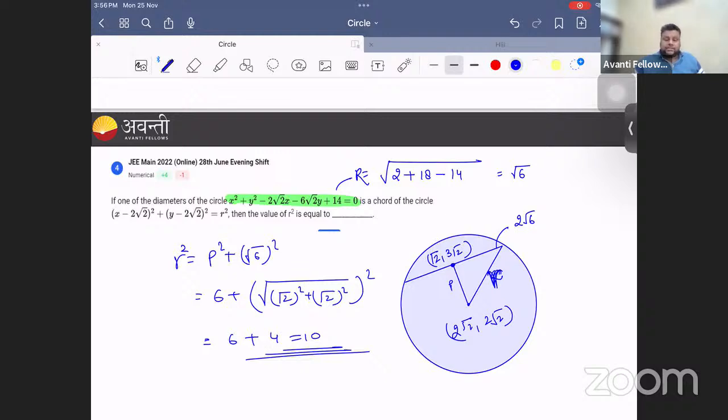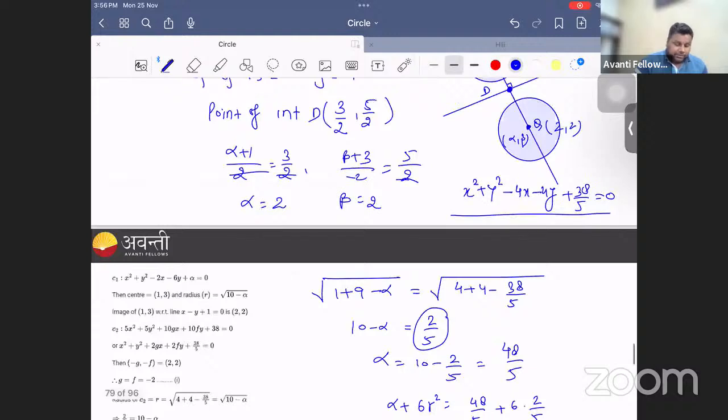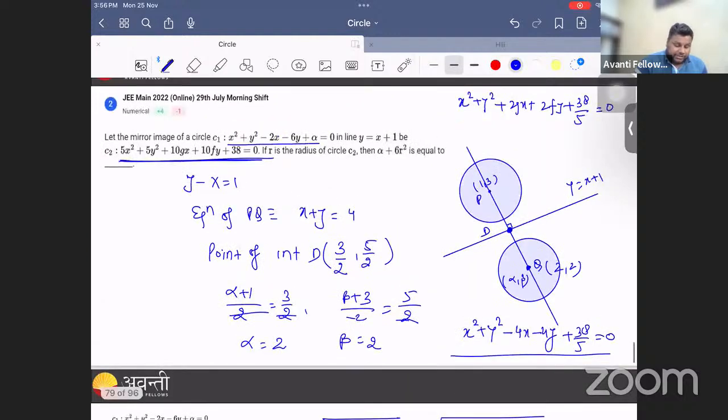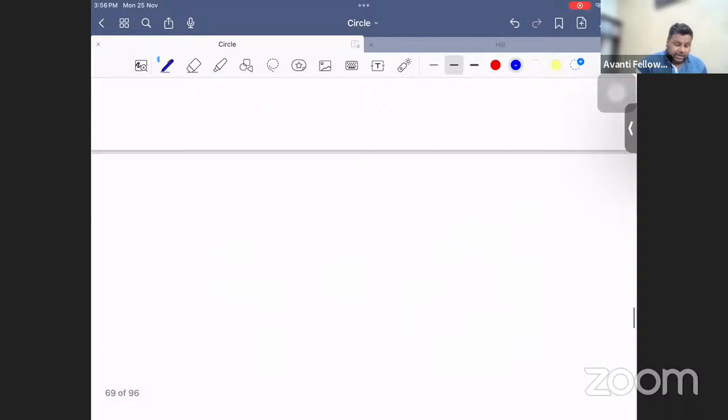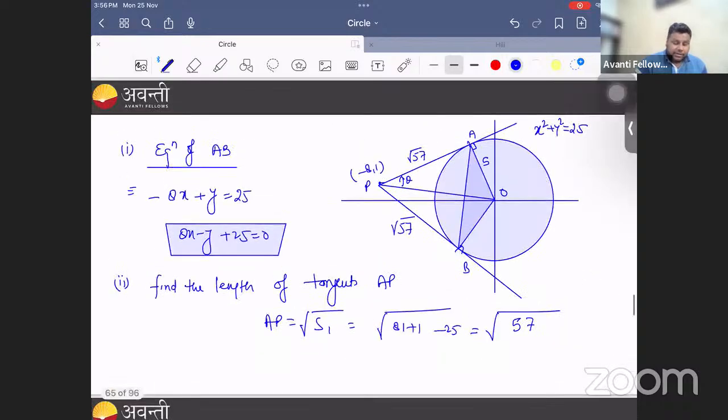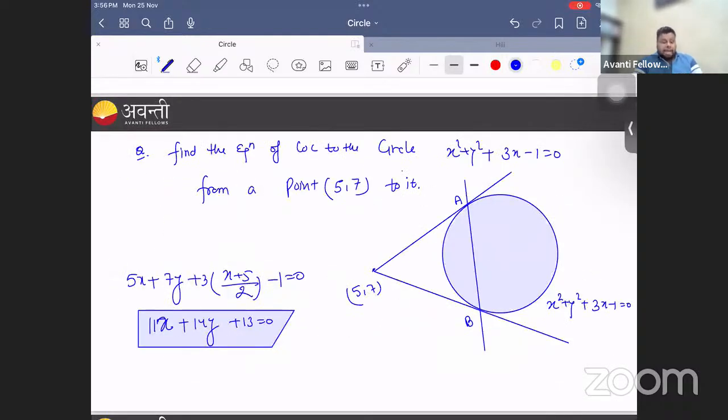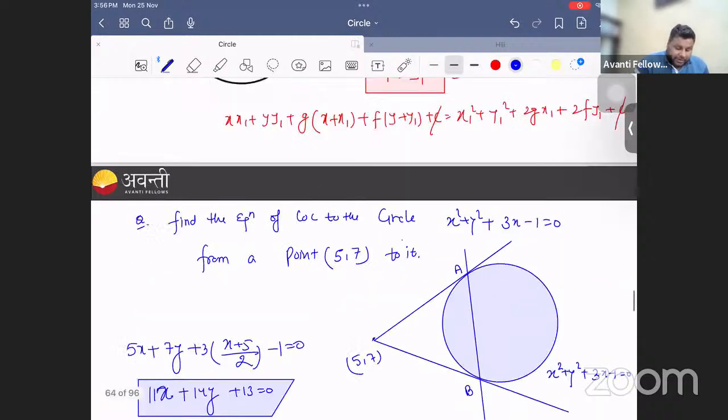Anyways, guys, this would be all for today. If I try to push it any further, it is going to be very difficult, as it is a tough chapter. So make sure you remember the position of two circles with respect to each other. This is what we started with today. Before that, we covered the equation of chord of contact and the equation of chord with a given middle point.